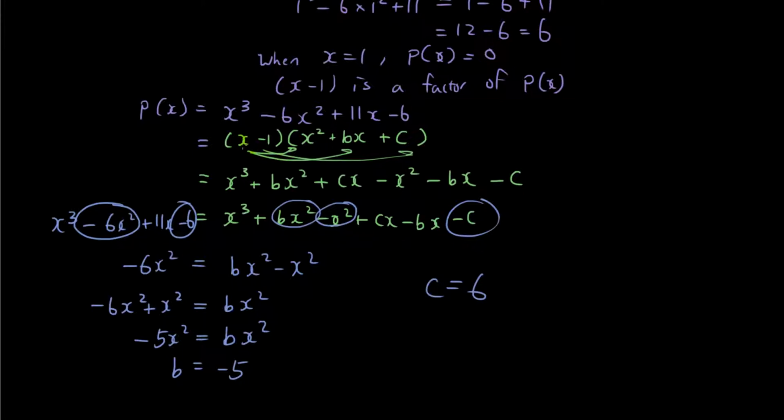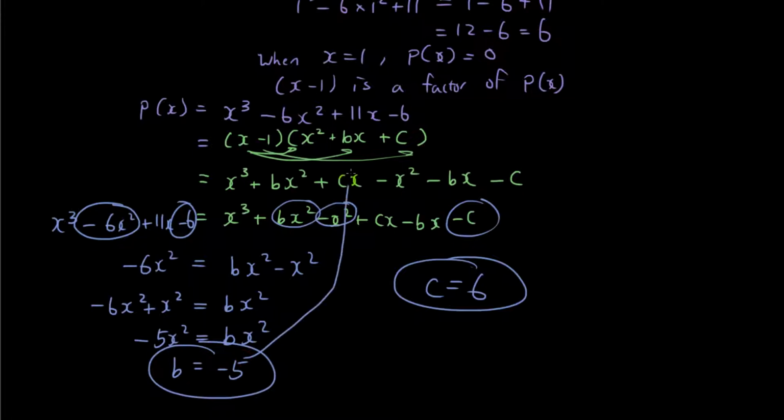Alright, so you can go back to the second line and substitute b is negative 5 and c is 6. So you will get x minus 1 times x squared plus negative 5x plus 6, right?